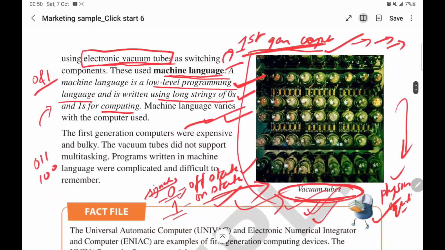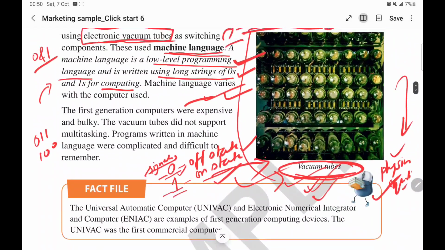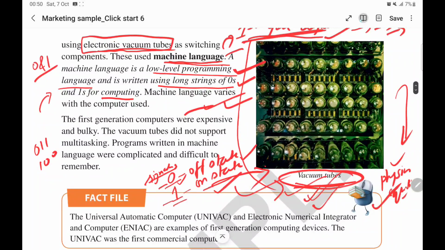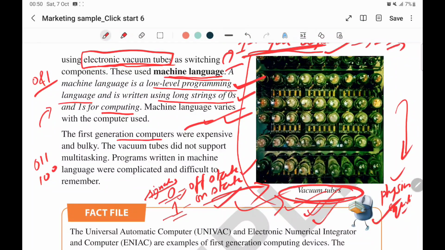Now again, if I talk about the first generation computers, students, these first generation computers were also very expensive and bulky. Why expensive? Because in those days it was not a very common thing. It was in its initial stages, so it was expensive.